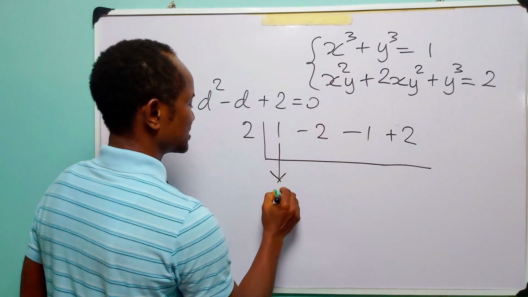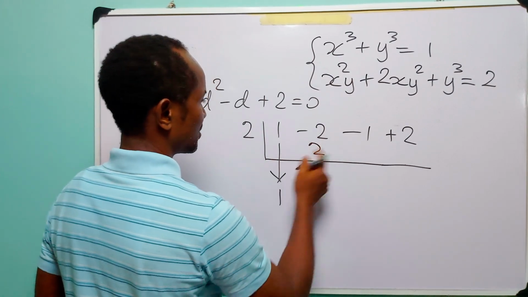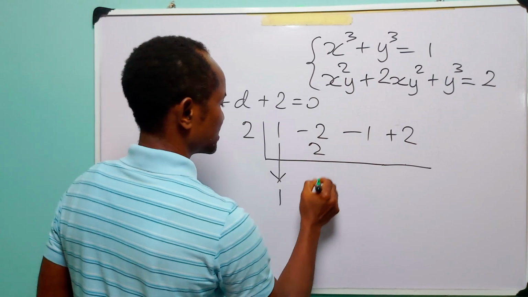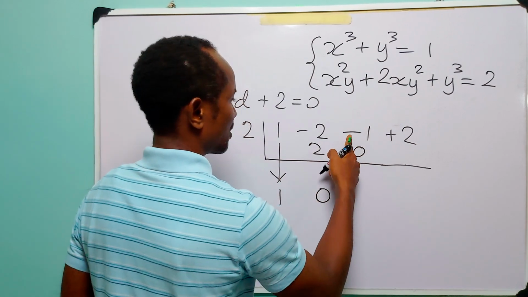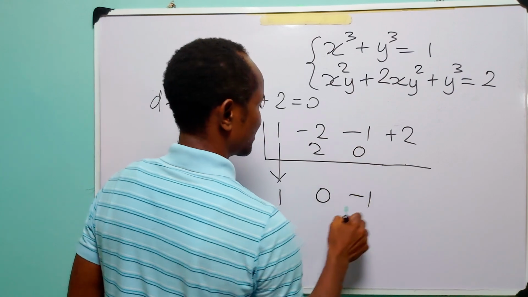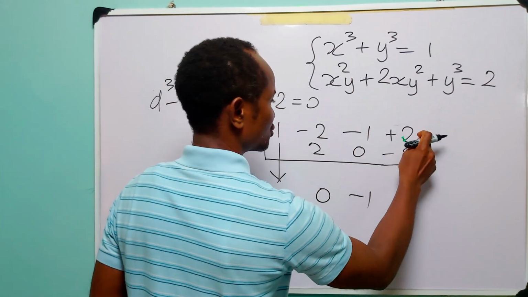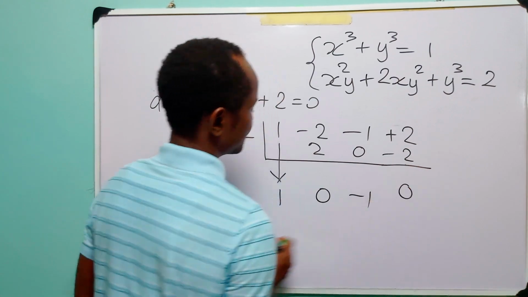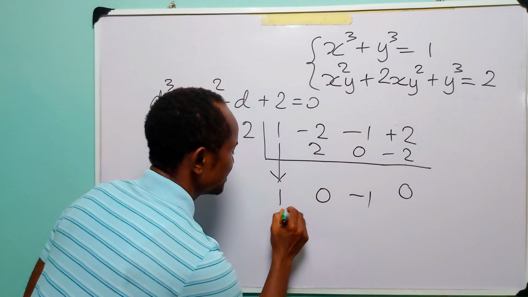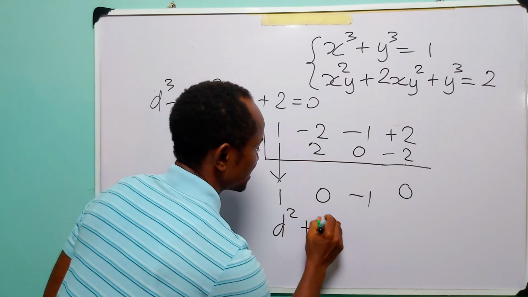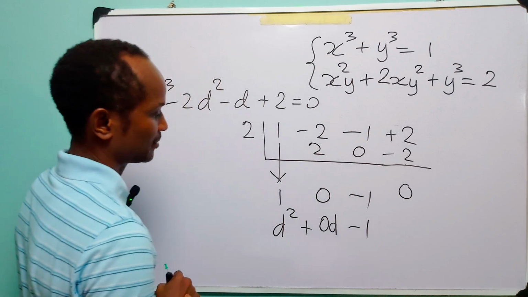We bring down this 1. 2 times 1 is 2. -2 plus 2 is 0. 2 times 0 is 0. -1 plus 0 is -1. 2 times -1 is -2. 2 plus -2 is 0. So we have that the quadratic factor is d squared plus 0d minus 1.